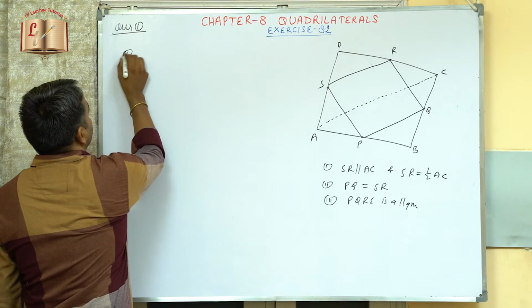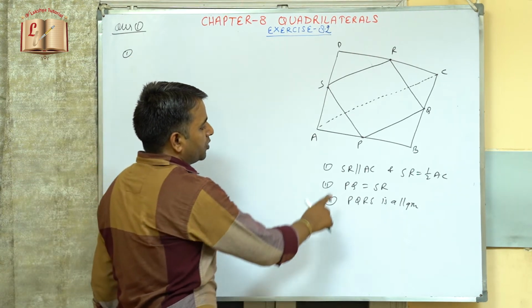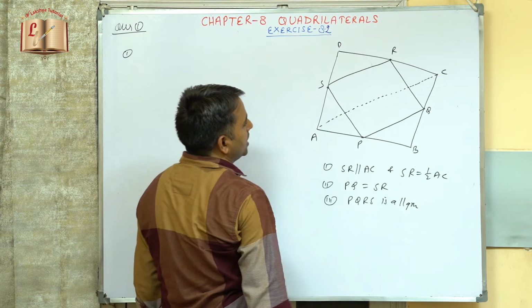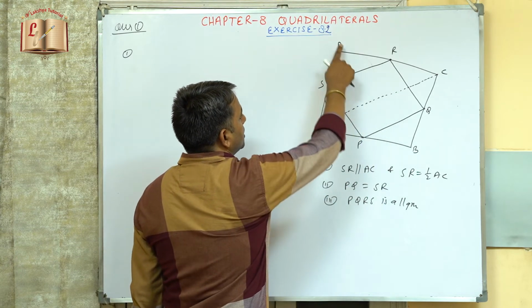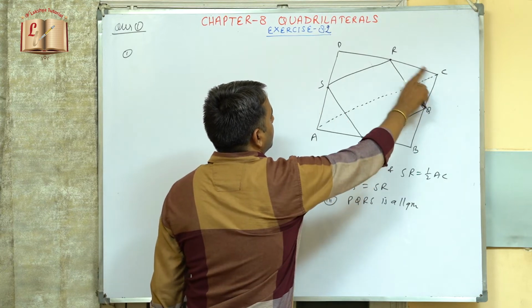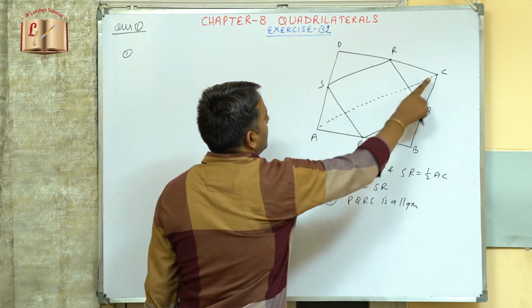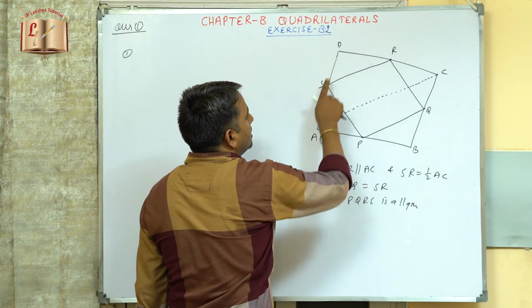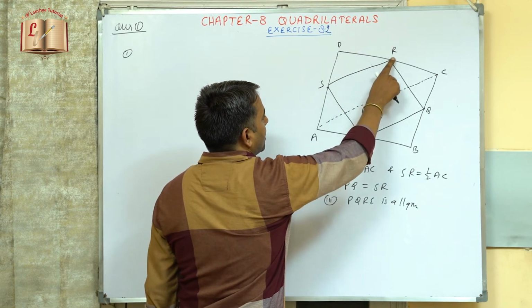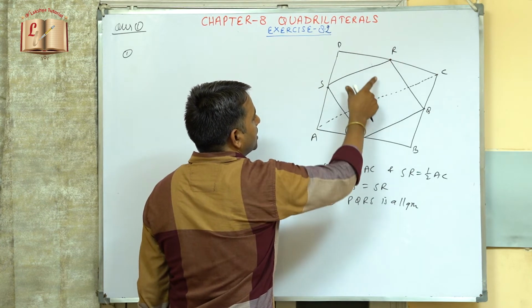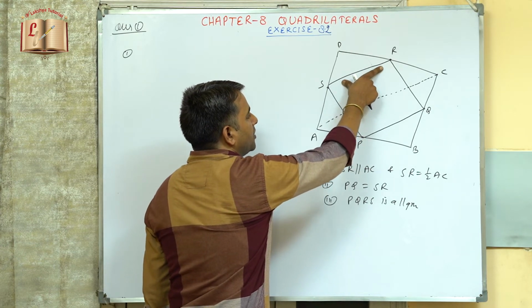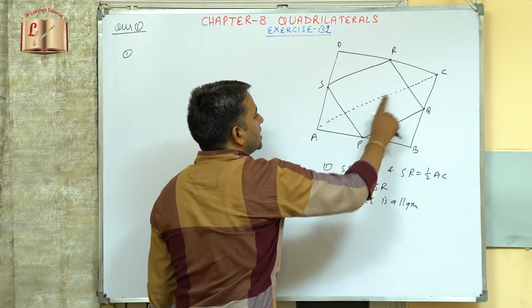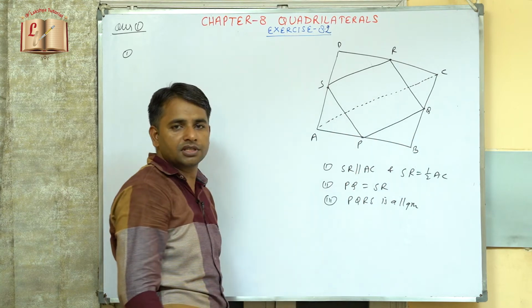Coming to the first part, we need to prove that SR is parallel to AC. Now see, this is SR and this is AC. If we consider triangle ACD, in this triangle S and R are both midpoints given to us. So by midpoint theorem, SR will be half of AC and SR will be parallel to AC.